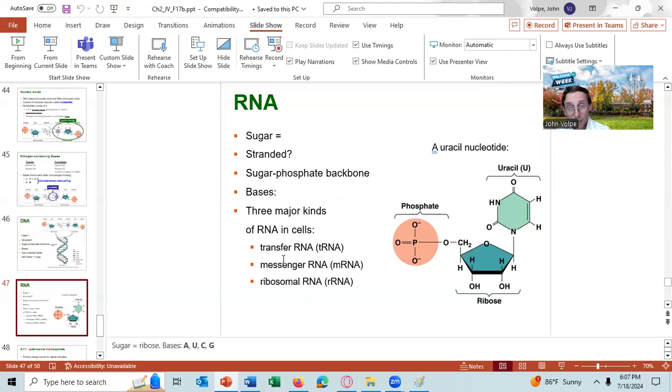What is the difference between those forms of RNA? All right. If you guys aren't going to guess, we'll just leave it. But this actually is a fairly important question.